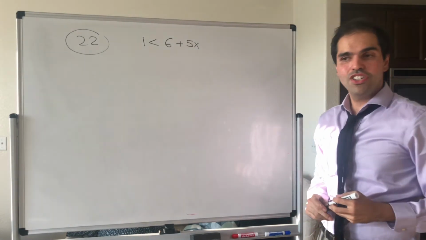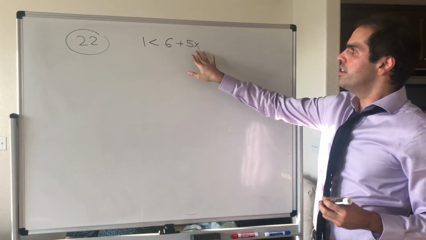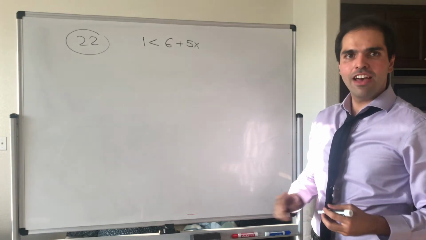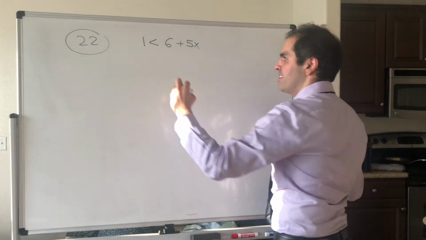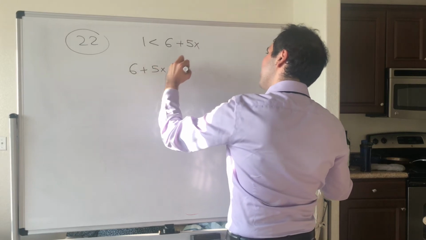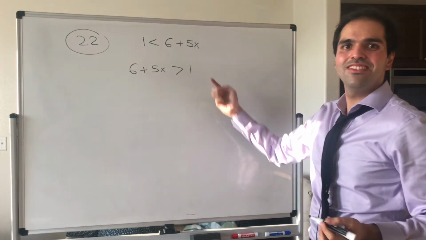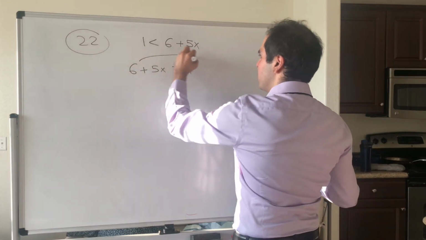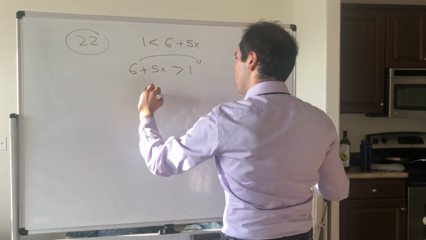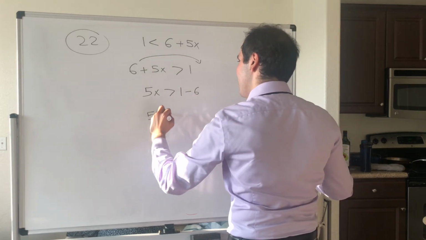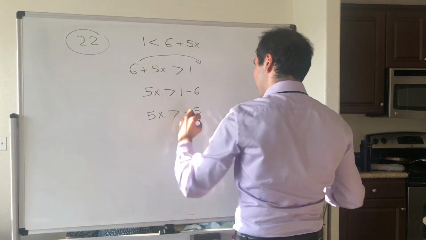The next 3 questions have to do with inequalities. So let's solve for x in 1 is less than 6 plus 5x. So let's isolate x. What we get is 6 plus 5x is greater than 1. Convince yourself that this is the same inequality. And then let's put 6 on the right-hand side. So 5x is greater than 1 minus 6, so 5x is greater than minus 5.